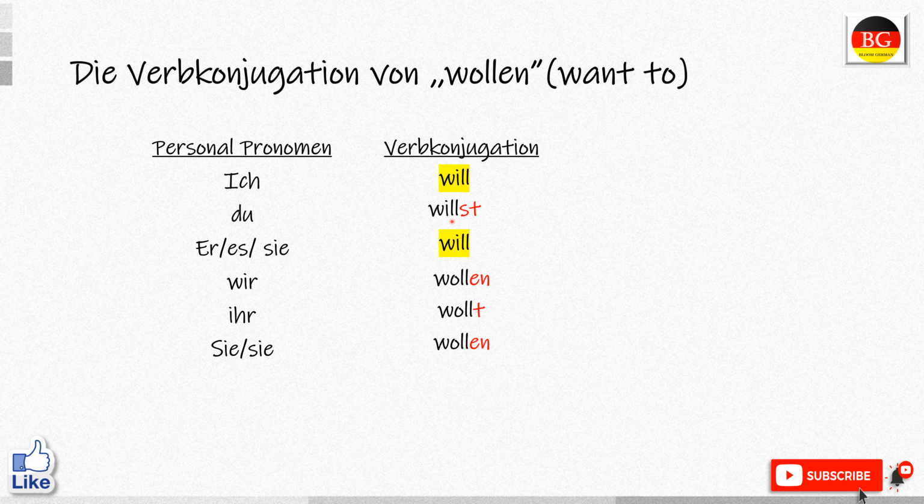For du we have added the st. For wir it is wollen. For ihr it is wollt with t ending, and for sie again we have the en ending. And one more thing you have to keep in mind, the verb conjugation of wollen for du is not wollst, it is willst. Keep it in mind.